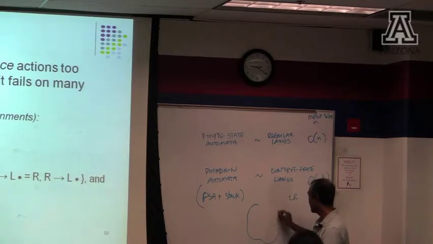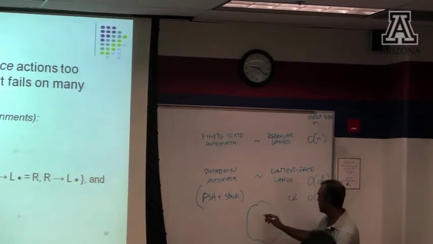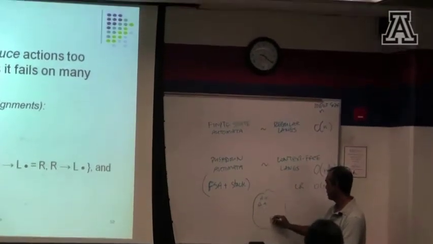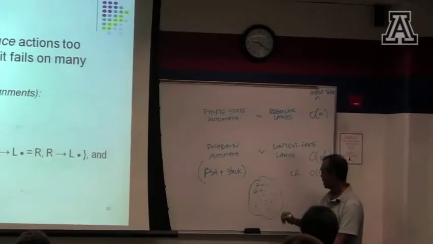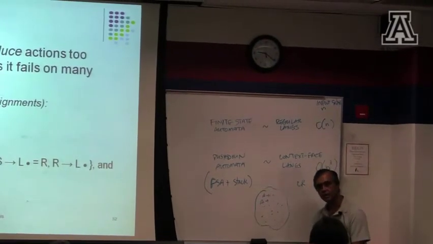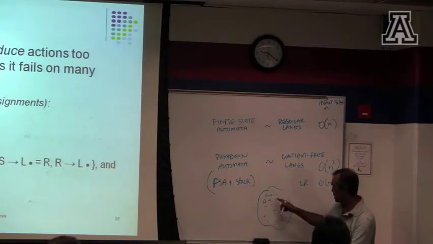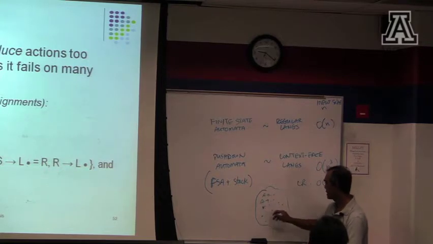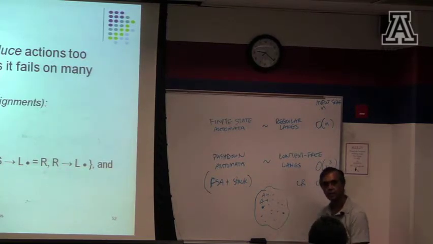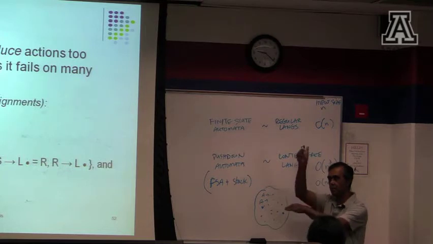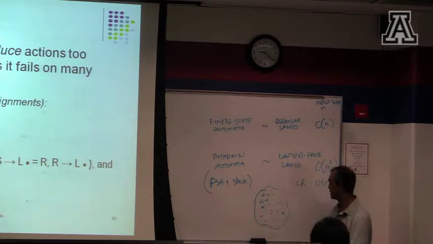So if you think of this as a state in my parser, I have some item and another item, a whole bunch of different items. And some of these items generate shift actions, other items generate reduce actions. And that can cause conflicts if in the same state, one item generates a shift action and a different item generates a reduce action for the same token. For the same token, that's correct, right? So in the parse table, for the same cell, state token pair, that's exactly right.